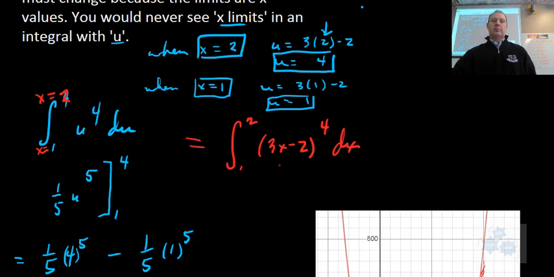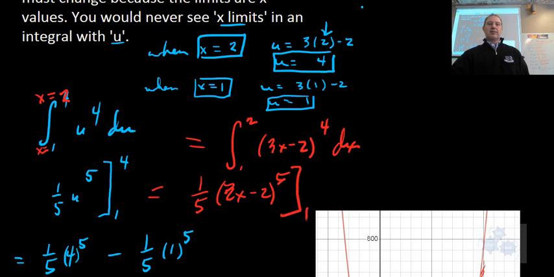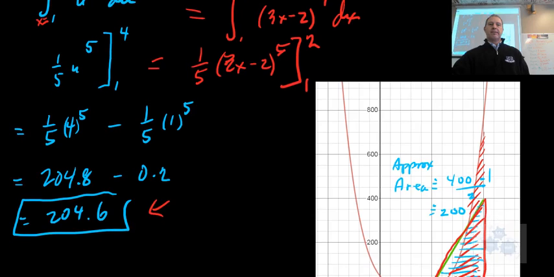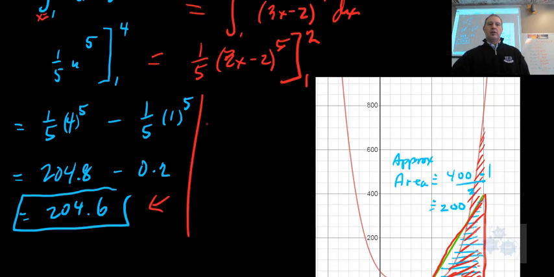Now, that would be a little bit tougher. At this stage, here's the integral, 3x minus 2 to the power of 5, and I'm going to evaluate from my x limits, 1 to 2. Okay? So this should work as well.